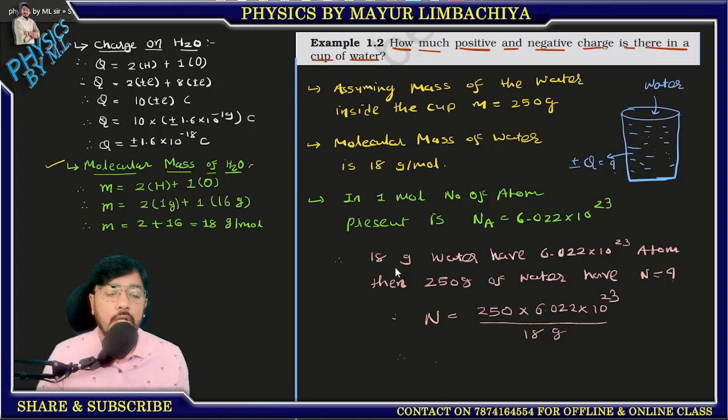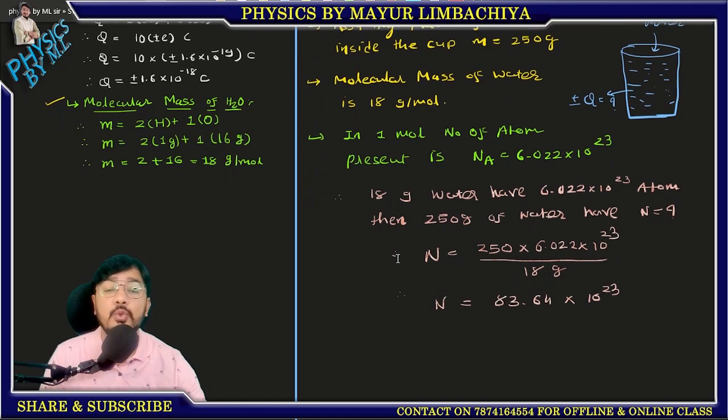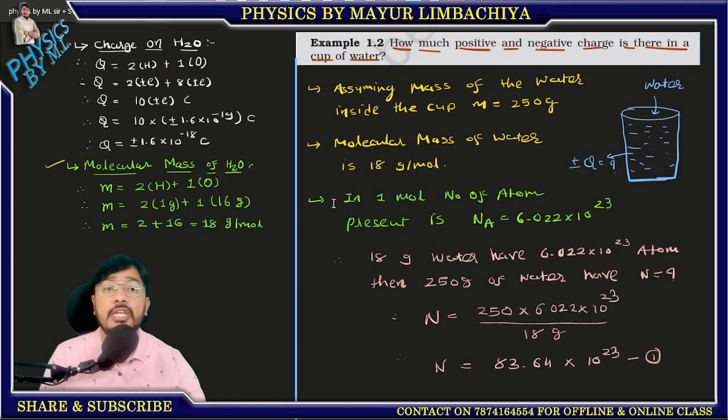So the number of atoms, if I do the calculation, will be 83.64 into 10 raised to 23, the atoms present inside that 250 gram cup of water. So here I have the value which gives me the number of atoms present inside that 250 gram of water.